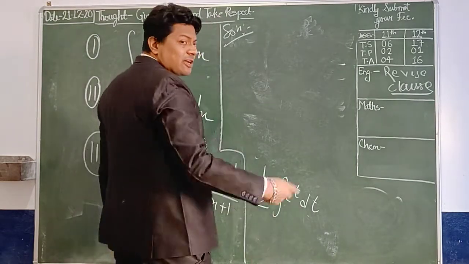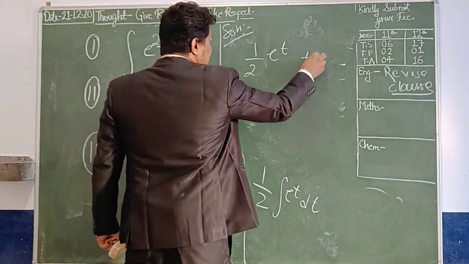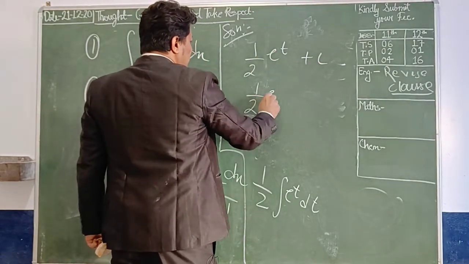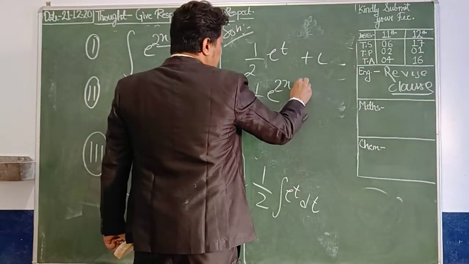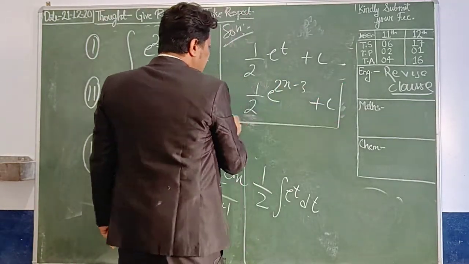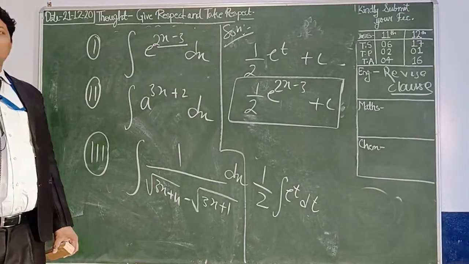Integration of e power t gives 1 by 2 e power t plus c. What is the value of t? 2x minus 3. So e power 2x minus 3, times 1 by 2, plus c, is the answer of that integration. Is it clear?